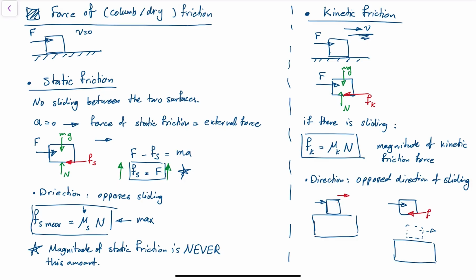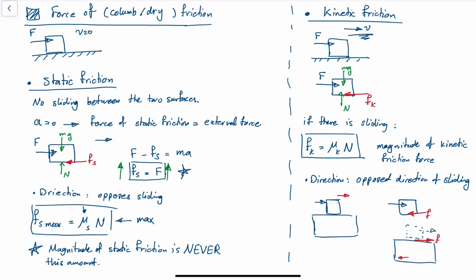Or from the perspective of this box, this sliding happens, the table is sliding beneath the box, in that direction. So the force of friction on the table is in the opposite direction.